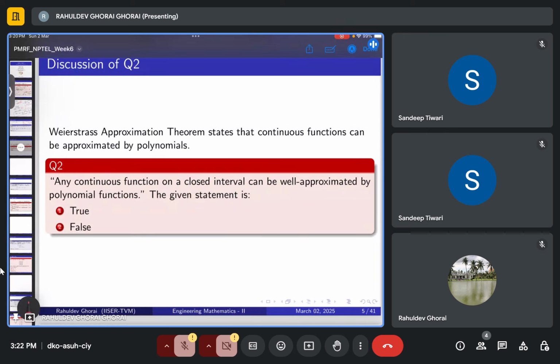Yes, sir. So that is true. You have to just remember it. Otherwise, proving it needs rigorous mathematics. So any continuous function can be well approximated by polynomial functions.